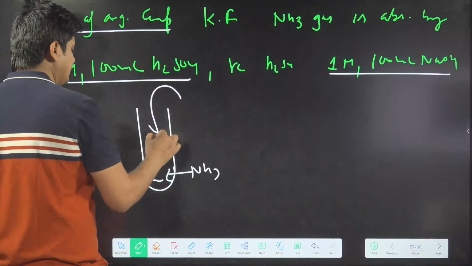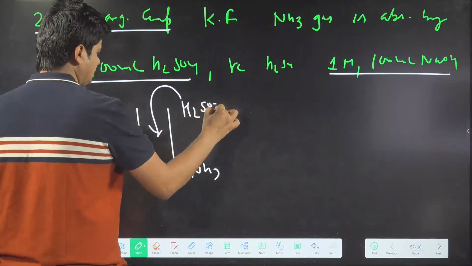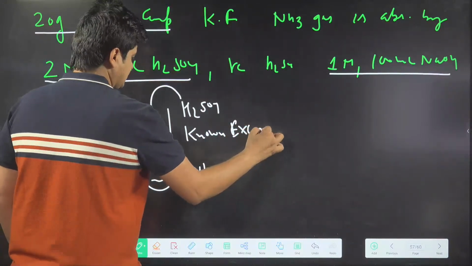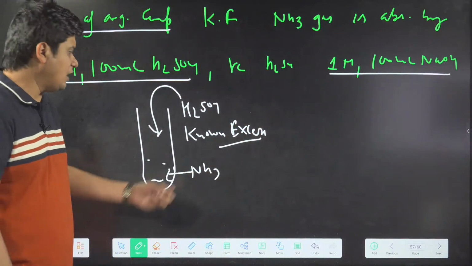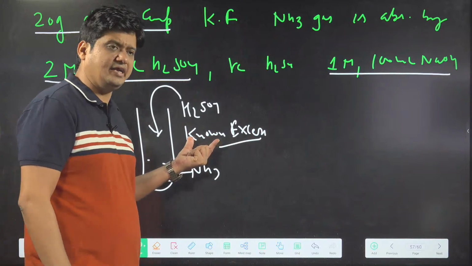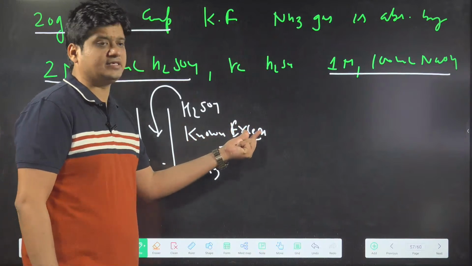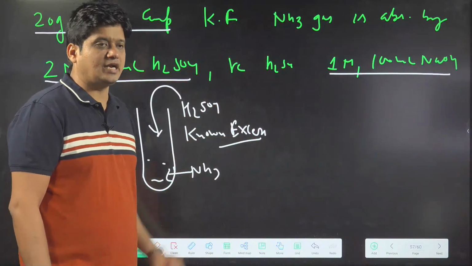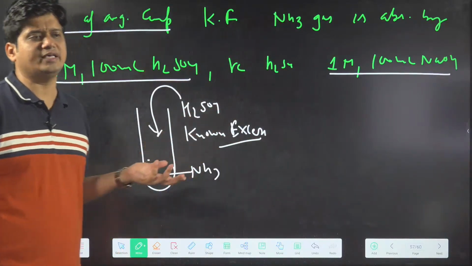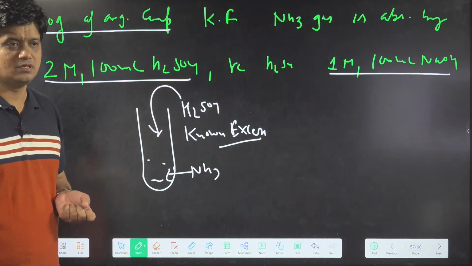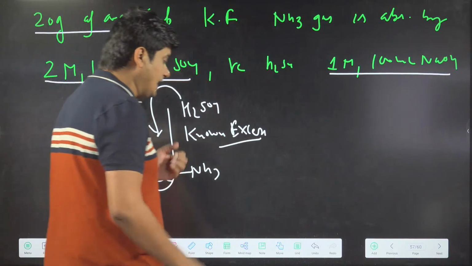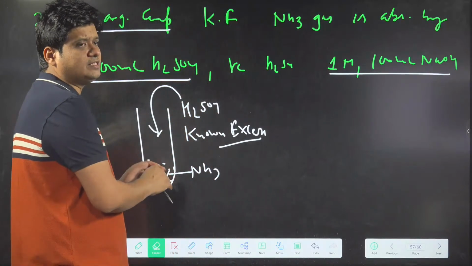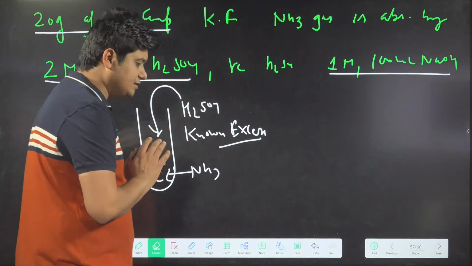We are adding sulfuric acid in known excess, meaning we know the amount added, but it is in excess. So some sulfuric acid will be left. That left sulfuric acid we neutralize by a base, for example NaOH. After this we find the sulfuric acid which has reacted with ammonia.